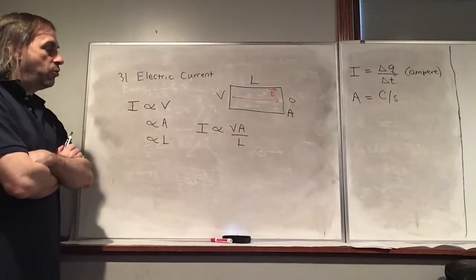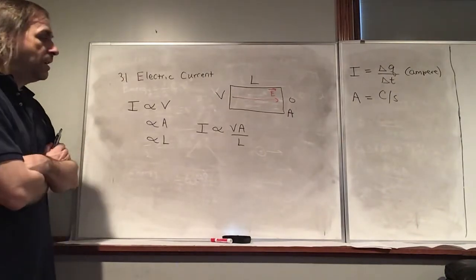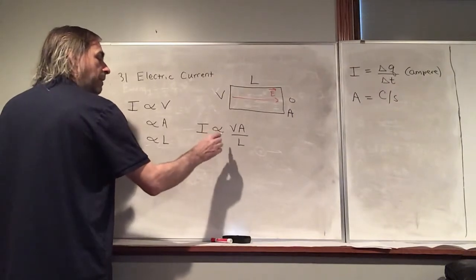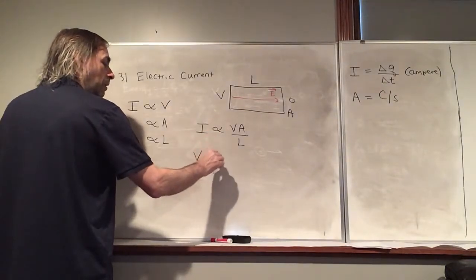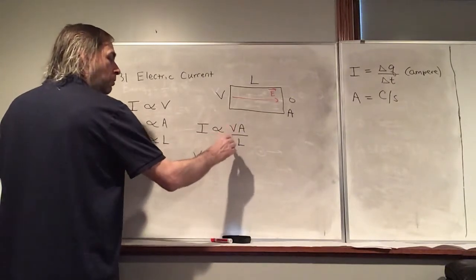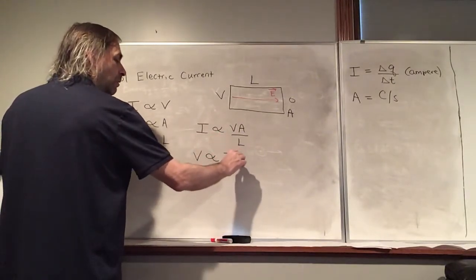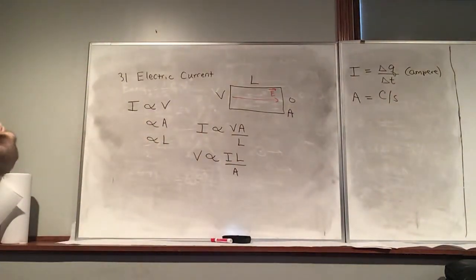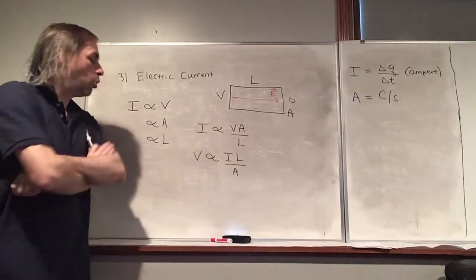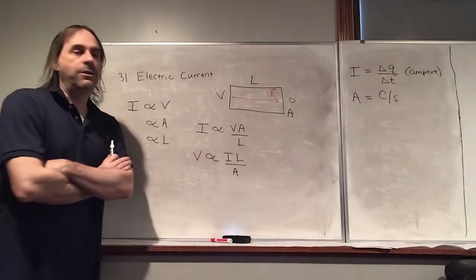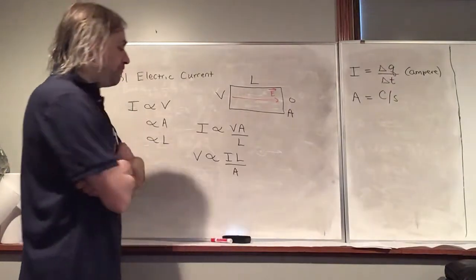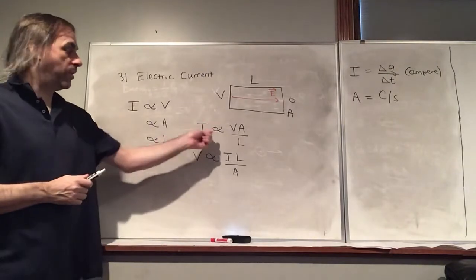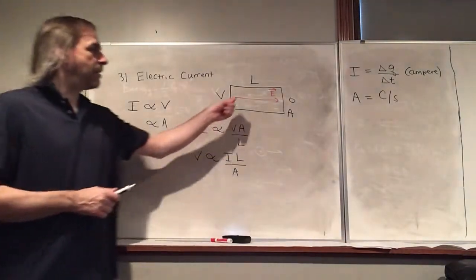Now, I actually want to rewrite this a little bit. Let's solve for V. Putting it another way, we can say that the potential difference is proportional to I L over A. Now, there's one other factor that has a huge effect on what the current would be, and that's the material itself.